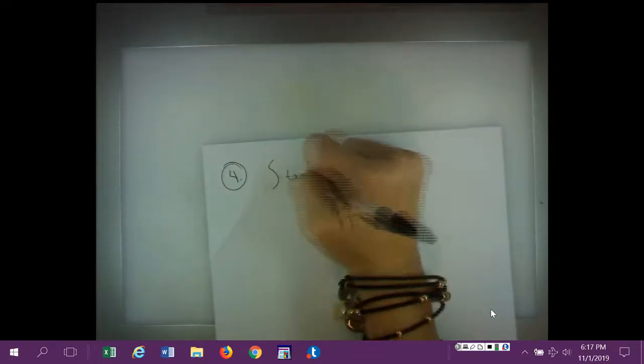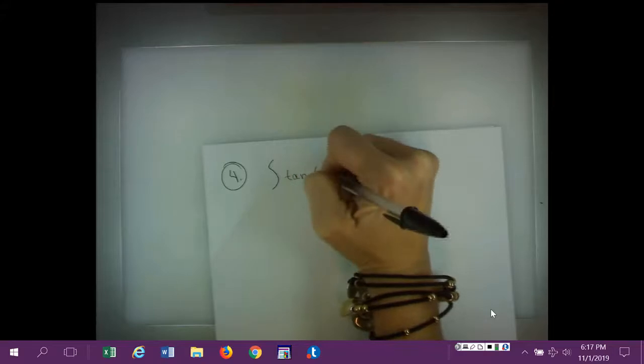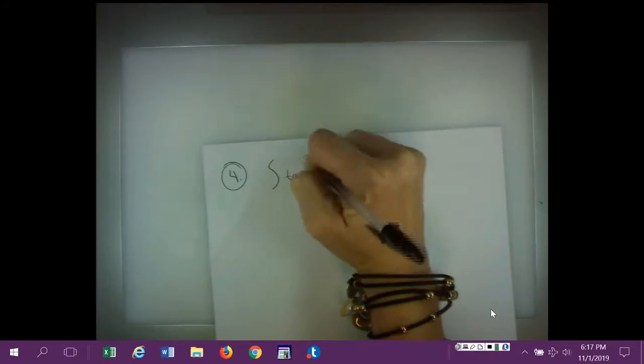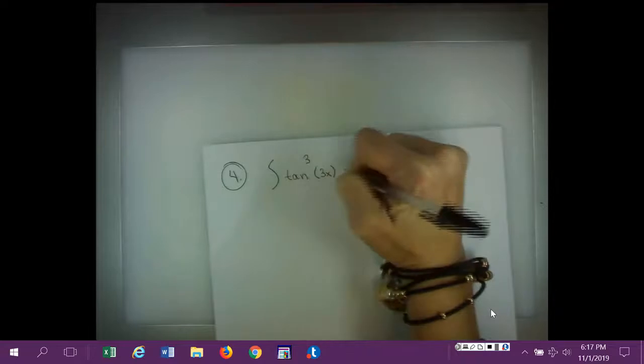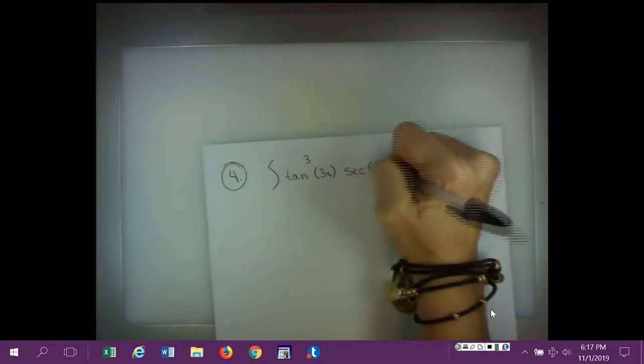So the one that I think I will use, and it involves a chart, will be the antiderivative of tangent of 3x quantity cubed, secant of 3x quantity cubed.